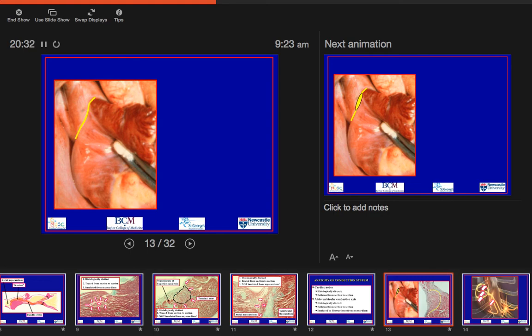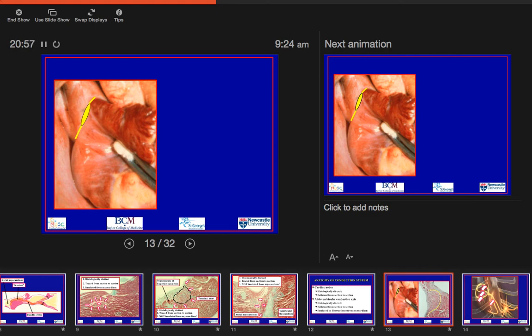And there you see the terminal groove. Dr. Deshpande yesterday showed you beautifully the terminal groove. She called it the sulcus terminalis because old habits die hard, and she's been teaching in Latin now for very many years. I hope I can persuade you in the future to think of it as the terminal groove.